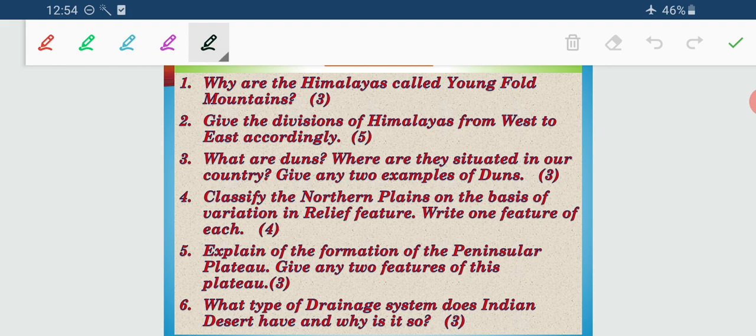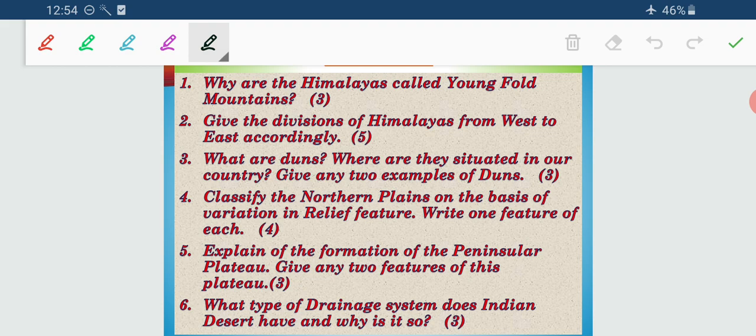Classify the northern plains on the basis of the variations of the relief features and write one feature of each. Already it is given in the previous slides. I am just naming the classification according to the relief. The first is the Bhabar region, which is a pebbly structure where the streams disappear. Then comes the Terai region, which is a fine, clay-like structure where streams re-emerge.